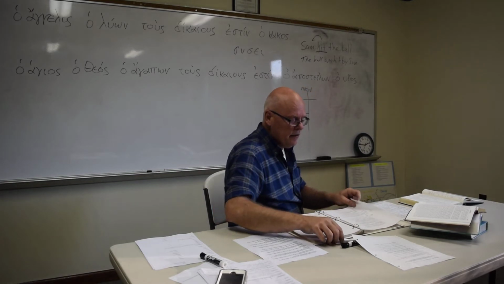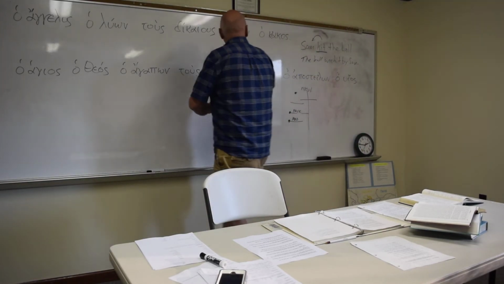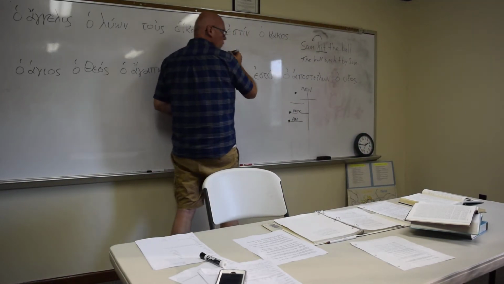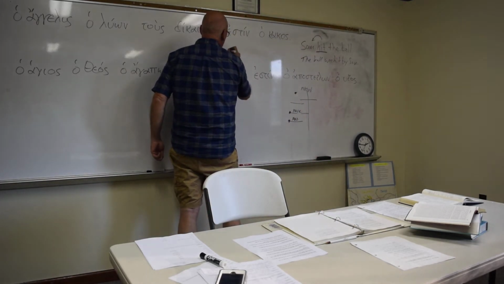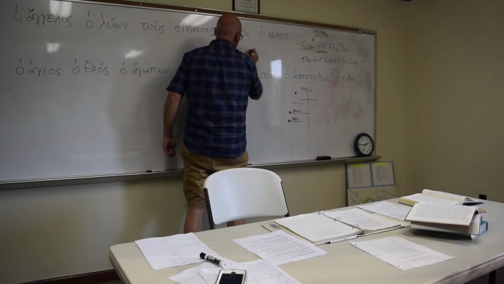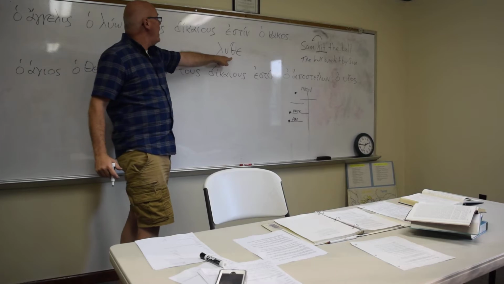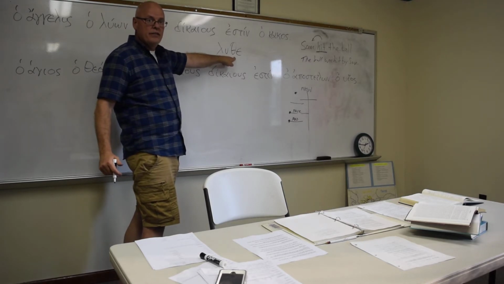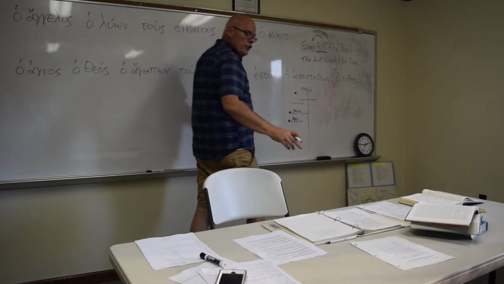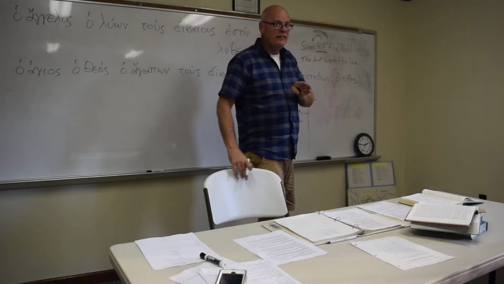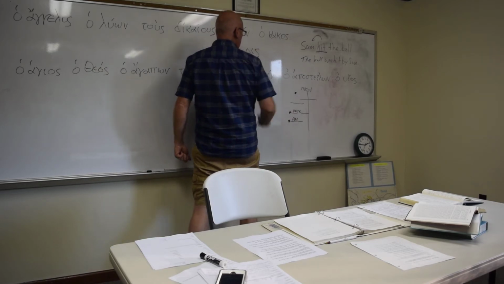Okay, so let me write that out, because that might be a bit abstract. Okay, so what I've got here is, blue. Okay, so we've got that. We know that's an aorist passive, right? All right, now, if I use my second declension, then this would be the second declension, right?